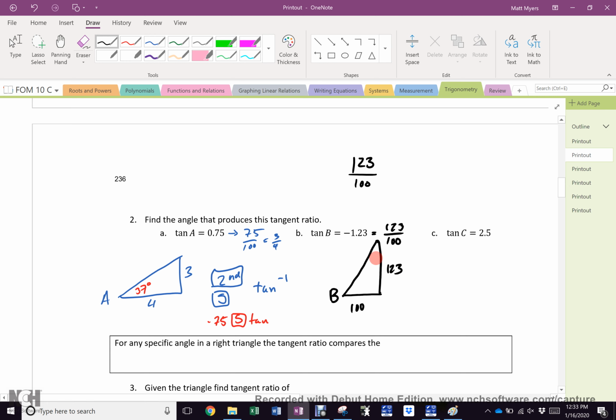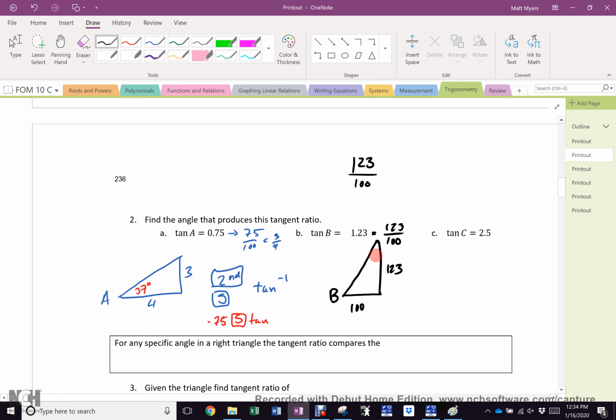So what are we going to use here? We're going to use, that negative shouldn't be there. We did shift tan of 0.75. So what are we doing here? Math's always the same, ladies and gentlemen. If I went shift tan and the decimal here, what do I do here?